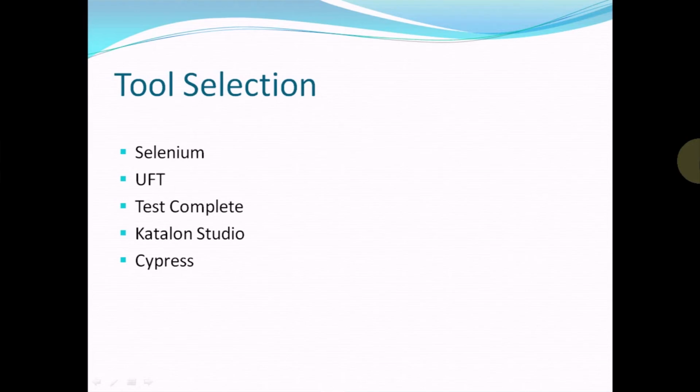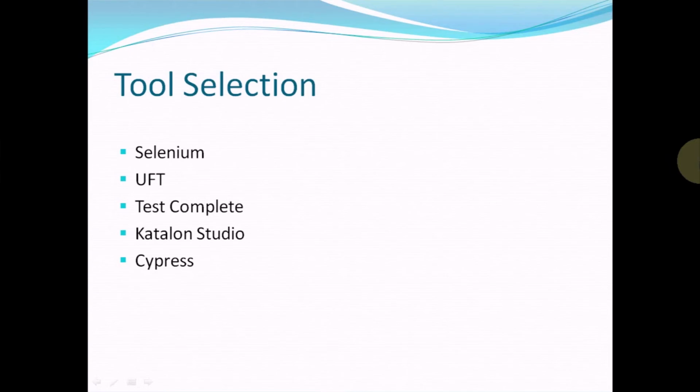The resource availability in the market is also very important. So based on the availability, the supporting languages, and the features provided by the tool, we select the particular tool. Selenium supports Java, Python, Ruby, C Sharp, and PHP. It supports a huge number of languages.